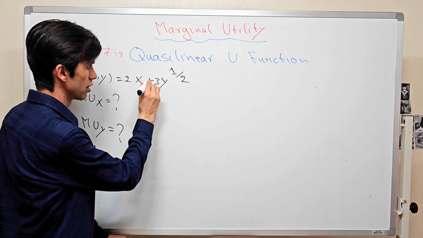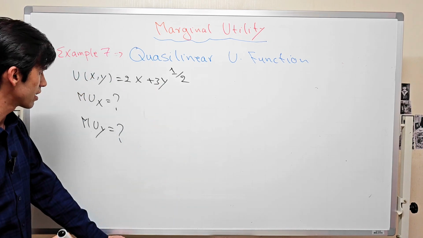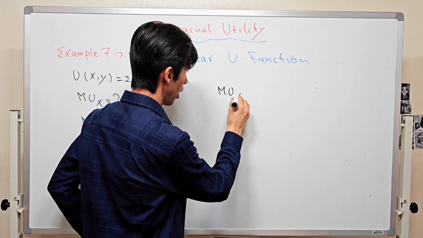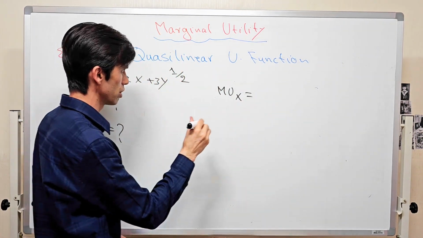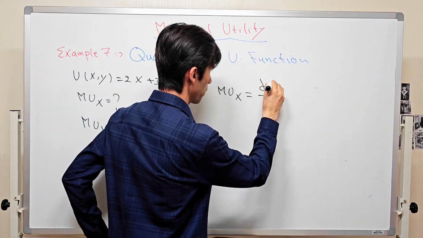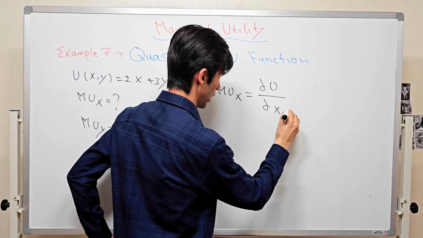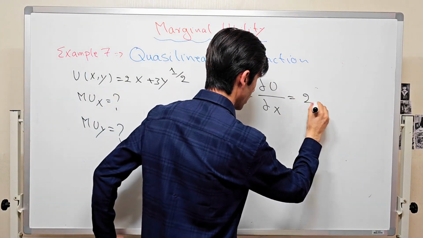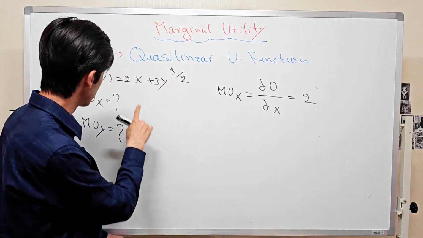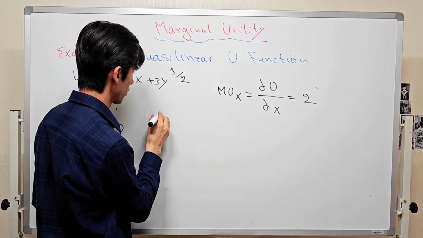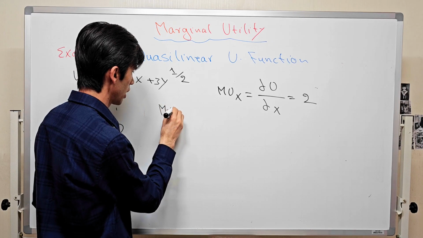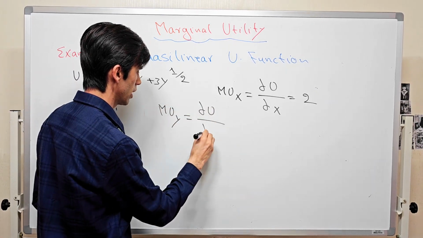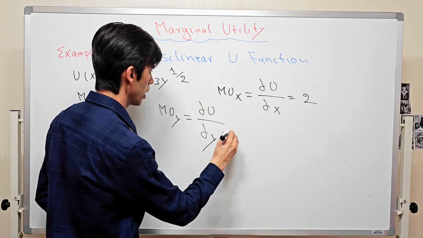2x, 3y. Then the marginal utility of x is equal to the partial derivative of utility with respect to x, and it is simply equal to 2. But the marginal utility of y is equal to the partial derivative of utility with respect to y this time.